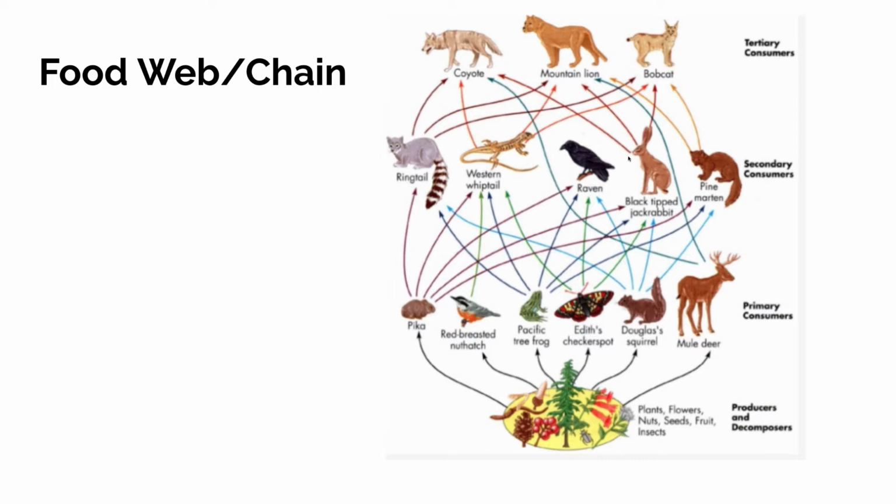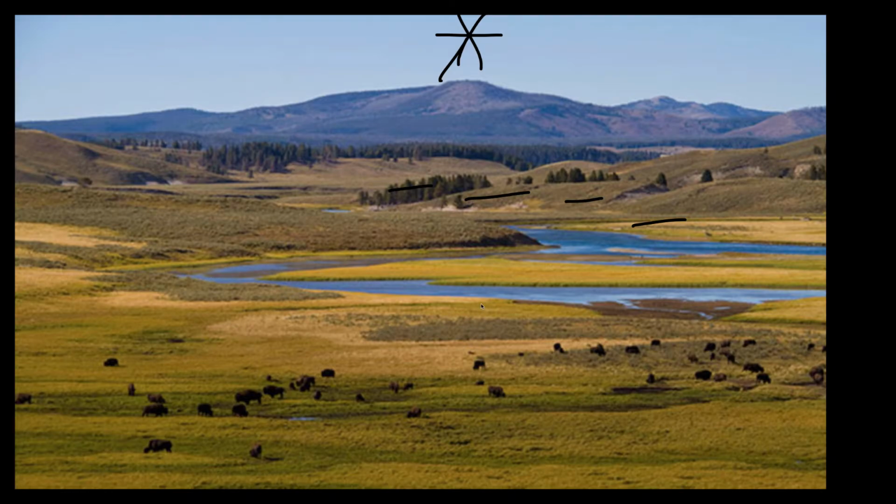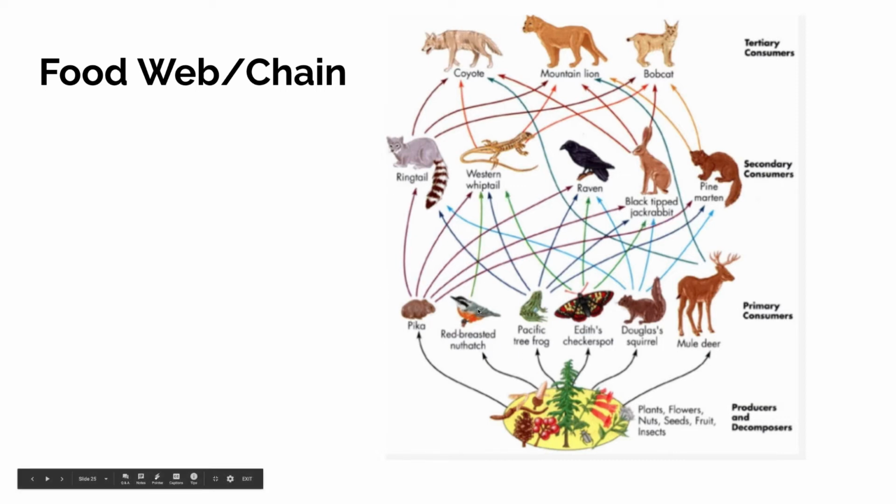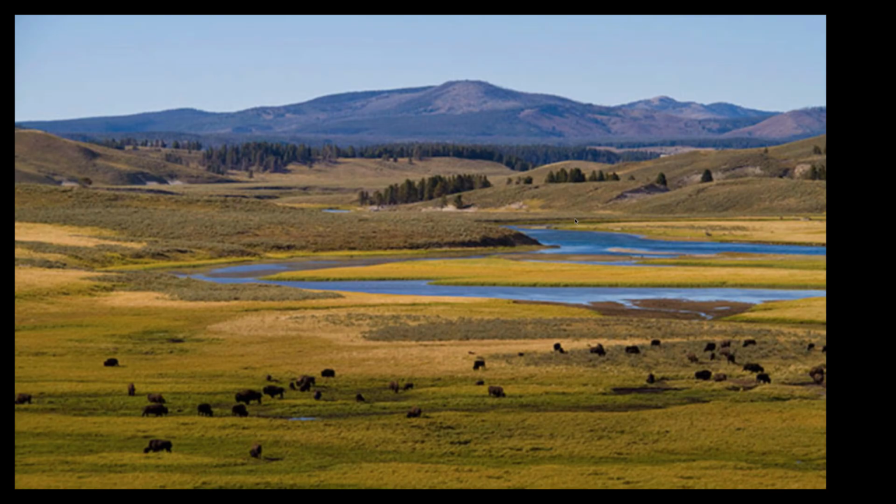If one animal is removed from this group, coyotes, for example, if coyotes were eliminated, look at all the things that go to a coyote. Their populations go sky high. So if all these animals go sky high, guess what happens to all these? Well, darn it. All of these animals, their population goes way down. So everything is interdependent.